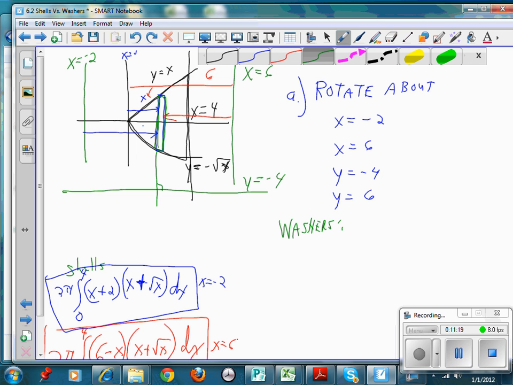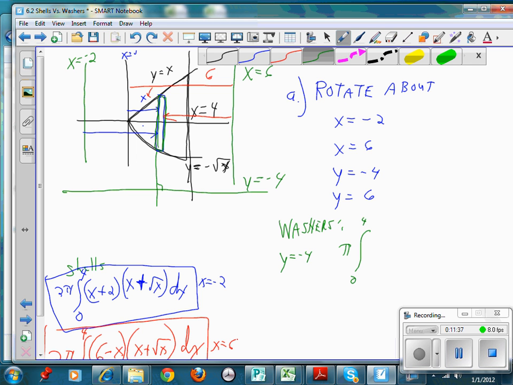Okay, so what is going to be the answer? I'm going to write these down. For y equals minus 4, you could stop and see if you get this right, but it's pi, and I'm going to go from 0 to 4.